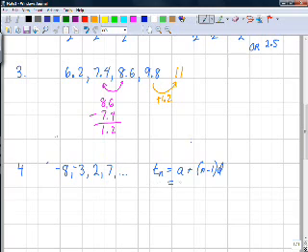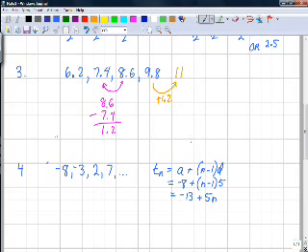Okay? Now, if I add that common difference, I'll get the next term, which is 11. Four, 5, 6, and 7 were the ones that probably drove you a little bit nuts.